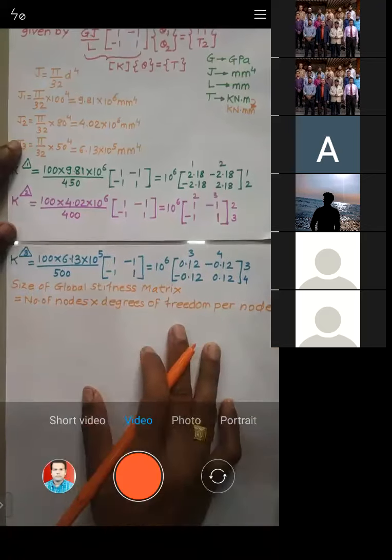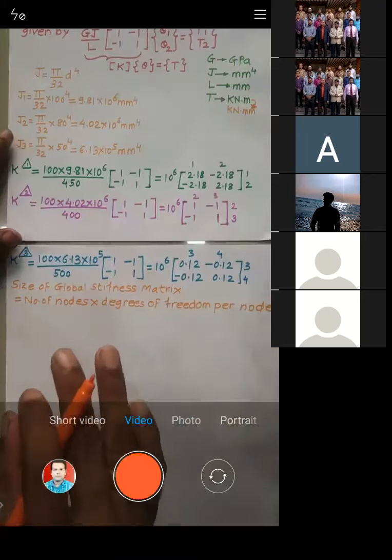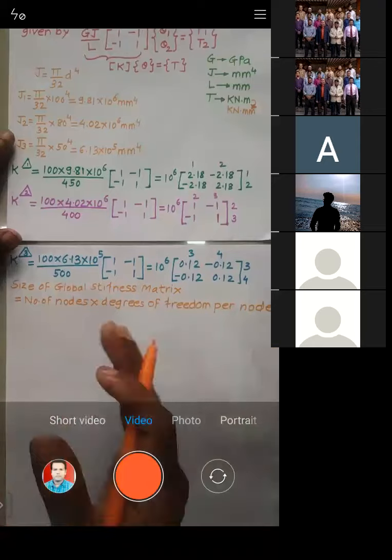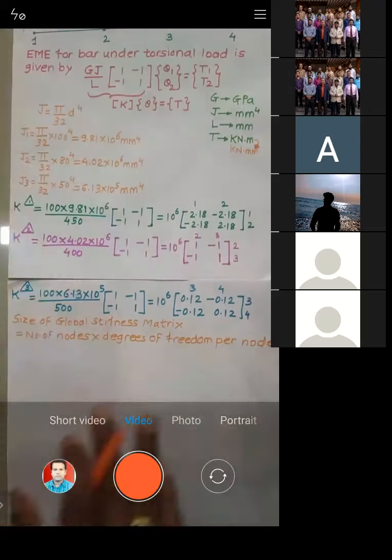So it's simple meaning: how many nodes you have, and in how many directions every node can move. So these two terms you need to multiply.